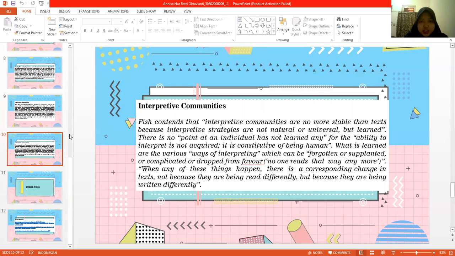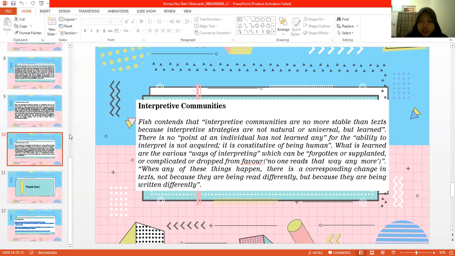Fish contends that interpretive communities are no more stable than the text because interpretive strategies are not natural or universal, but learned. There is no point at which an individual has not learned any, for the ability to interpret is not acquired. It is constitutive of being human. What is learned are the various ways of interpreting which can be forgotten or supplanted or complicated or dropped from favor.